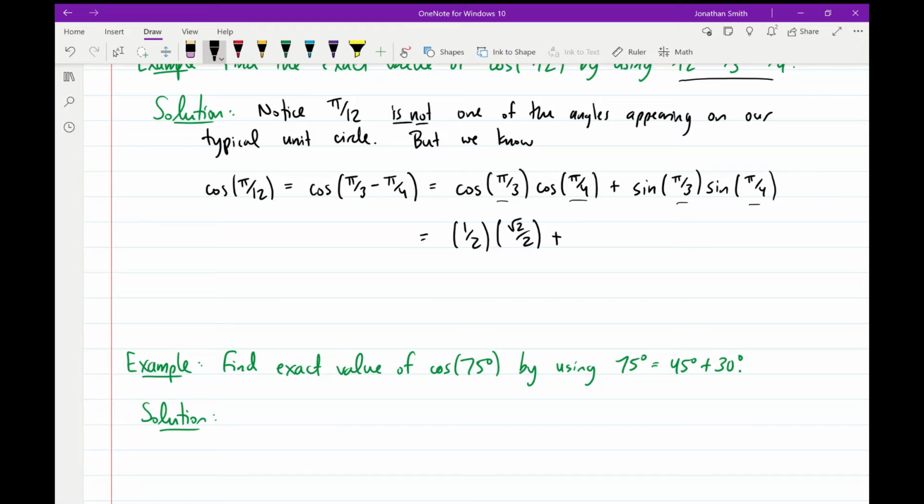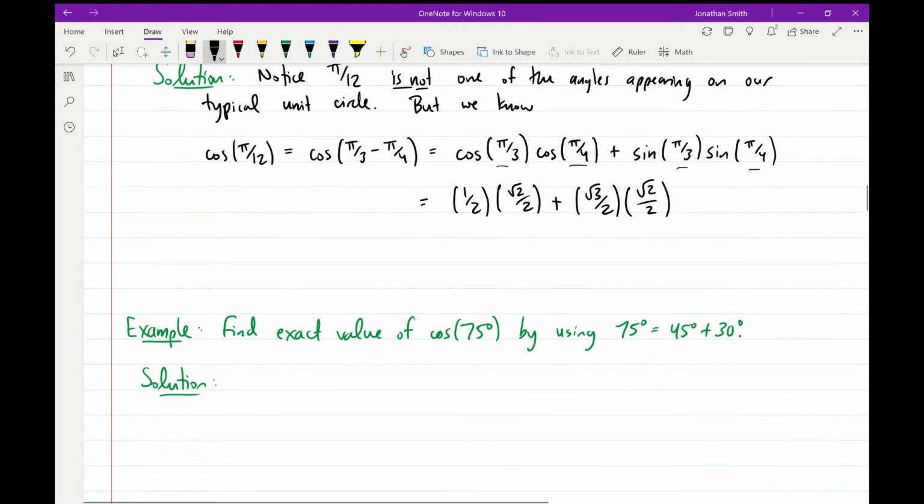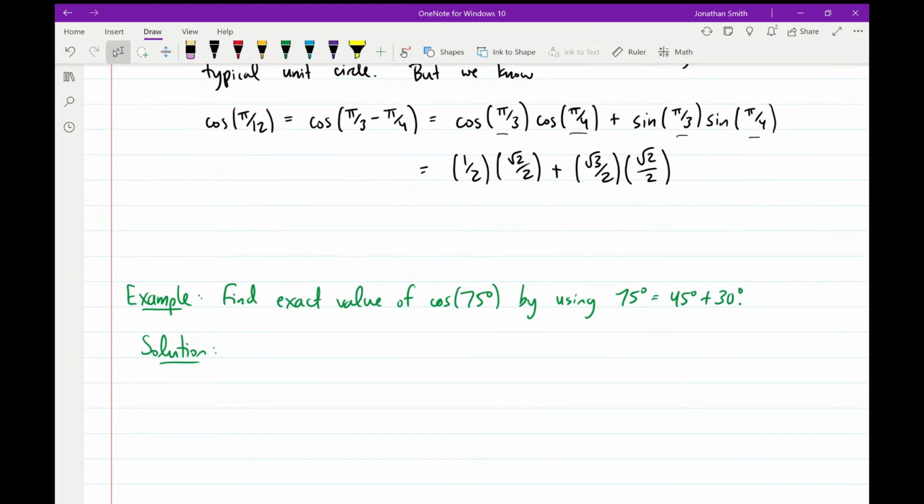Let's see, sine of pi over 3 is going to give me a root 3 over 2. And sine of pi over 4 is a root 2 over 2. So these values you should know just from using the unit circle. So maybe you would need to stop and draw a unit circle or something to get your bearings, but you should be able to figure out these values without using any kind of calculator or additional help.